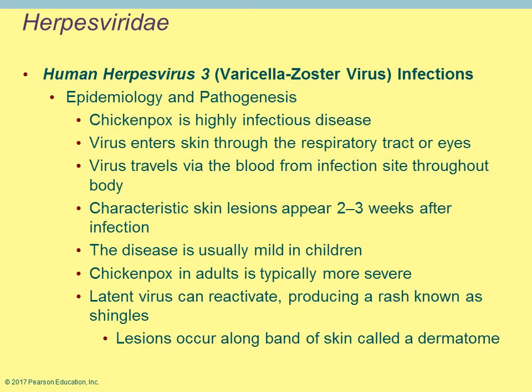Chickenpox is very, very infectious. The virus enters usually through the respiratory tract, but can also enter through the eyes. From the site of infection, it can get in the blood and travel throughout the entire body. Your classic skin lesions, that is the pox, typically will appear about 2 to 3 weeks after the infection.